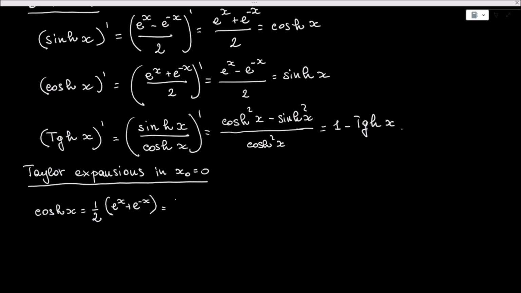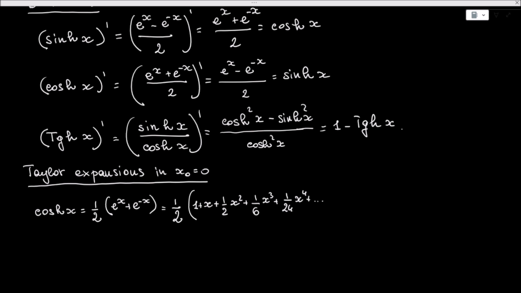This is easily obtained by just using the expansion of e to the x, which is 1 plus x plus 1/2 x squared plus 1/6 x to the cube plus 1/24 x to the 4, and so on and so forth, right?